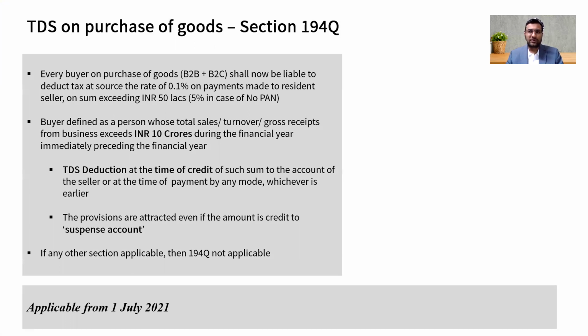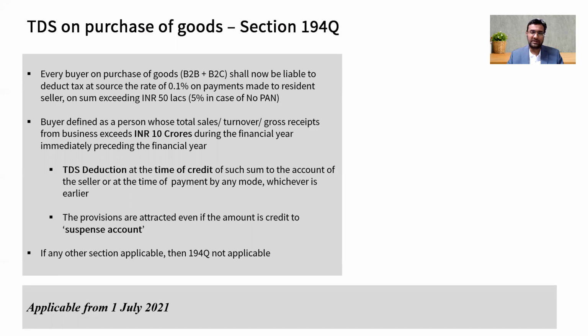So TDS on purchase of goods is applicable to every buyer. Suppose I am a buyer today, whether it is a transaction between business to business or between business to consumers, both should be liable to deduct tax at source.